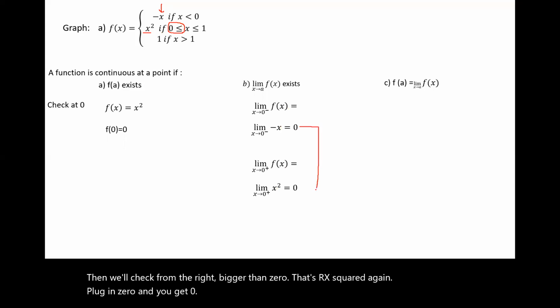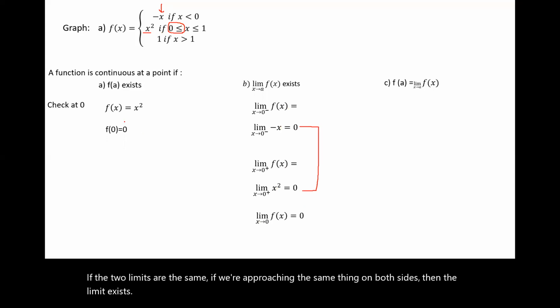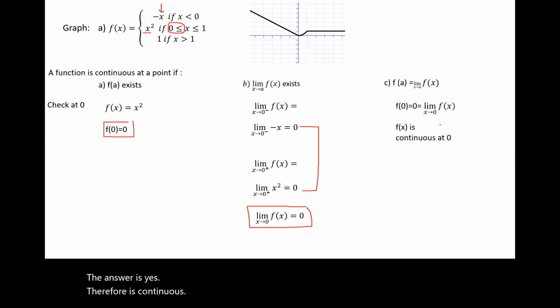If the two limits are the same, if we're approaching the same thing on both sides, then the limit exists. Does the function value equal the limit? The answer is yes, therefore it's continuous. And let's double check that. That is what we expected. We expected at 0 that the function would be continuous.